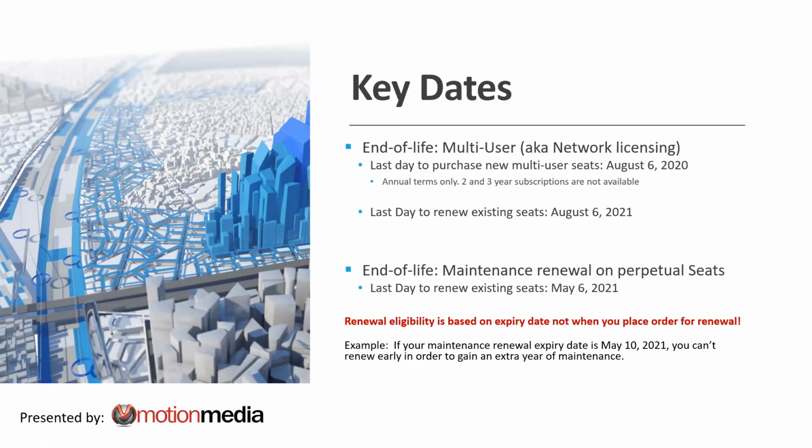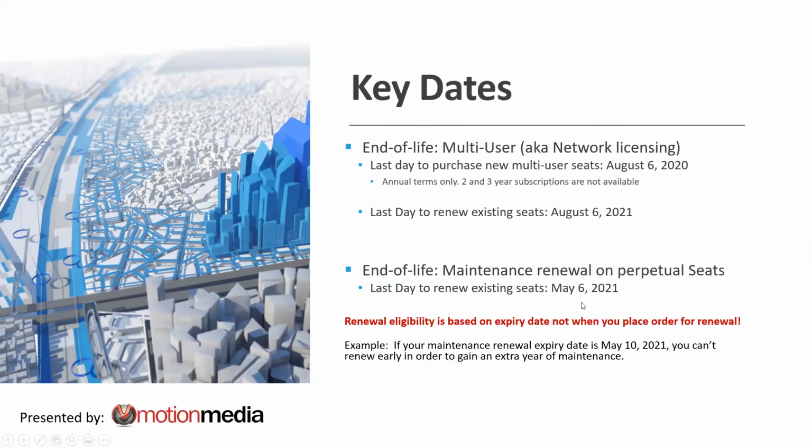It's based on your expiry date whether you're eligible to renew or not. Okay, and I use the example here of May 10th. You can't renew your perpetual in April to try to get an extra year out of it, unfortunately. If your expiry date is after May 6th, then this is your last year on maintenance.